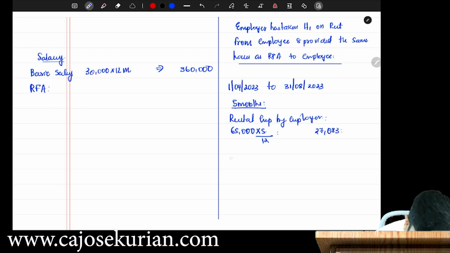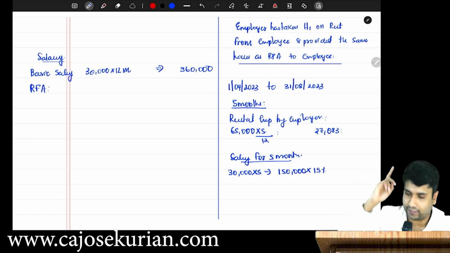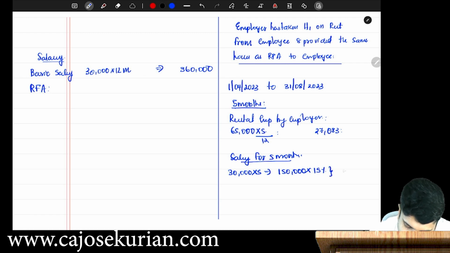Now, how much is the salary for 5 months for the employee? 30,000 into 5, that will be 1,50,000 into 15%, because it is for the 5 months. How much is 15%? 22,500. Pick whichever is lower. Which is the lower? 22,500.